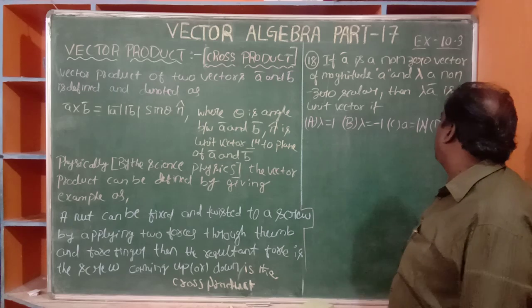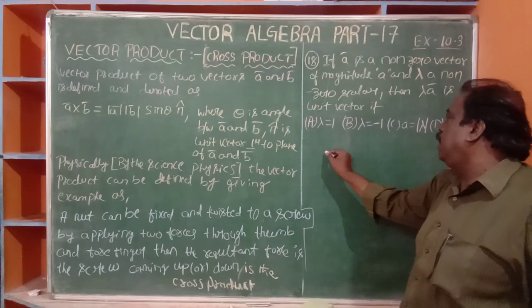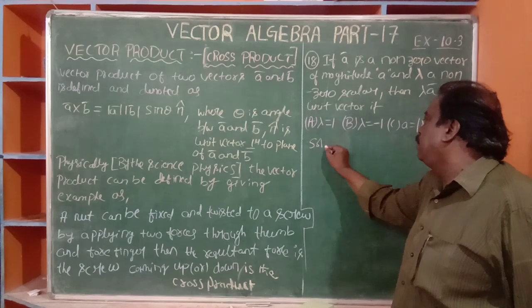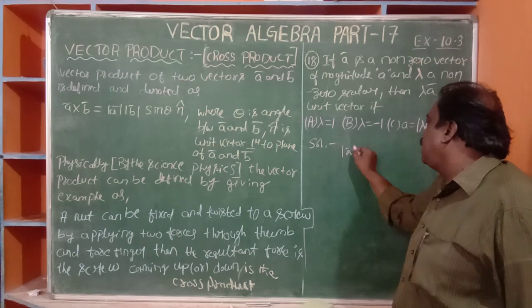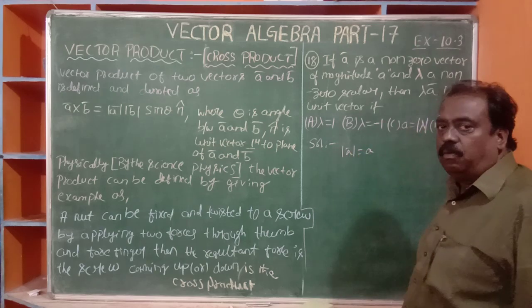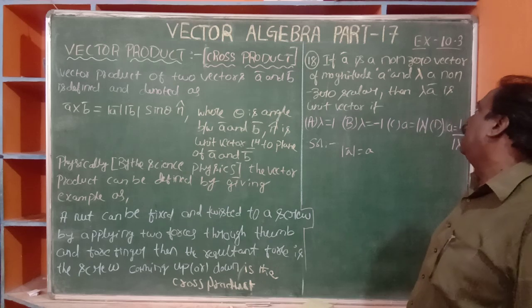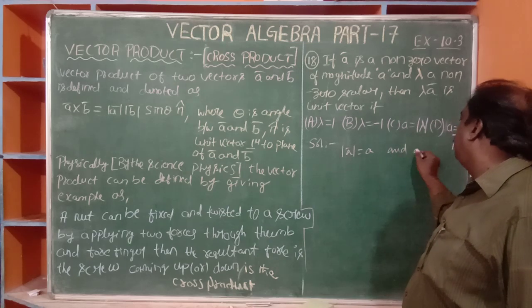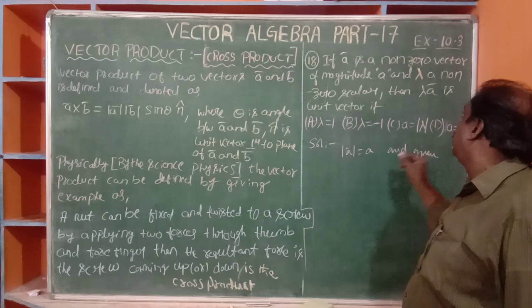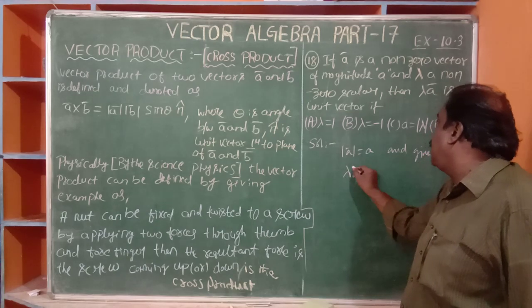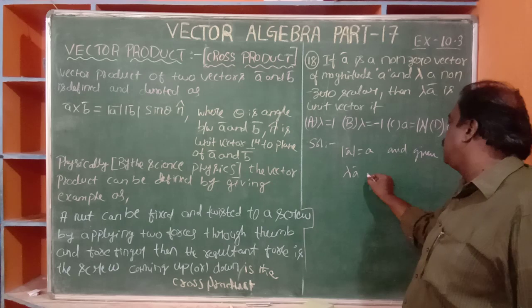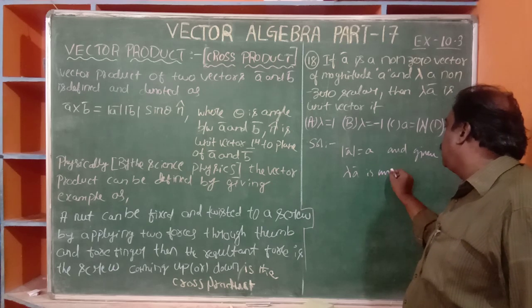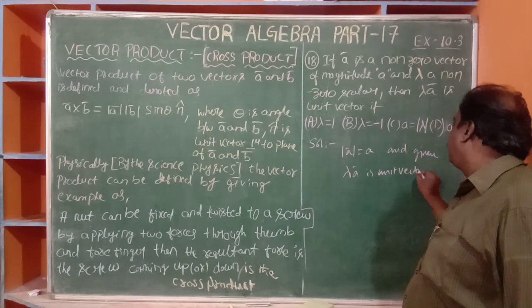Which option is correct? You see, the solution: the modulus of A bar is equal to a. And what is given? That lambda A bar is a unit vector.